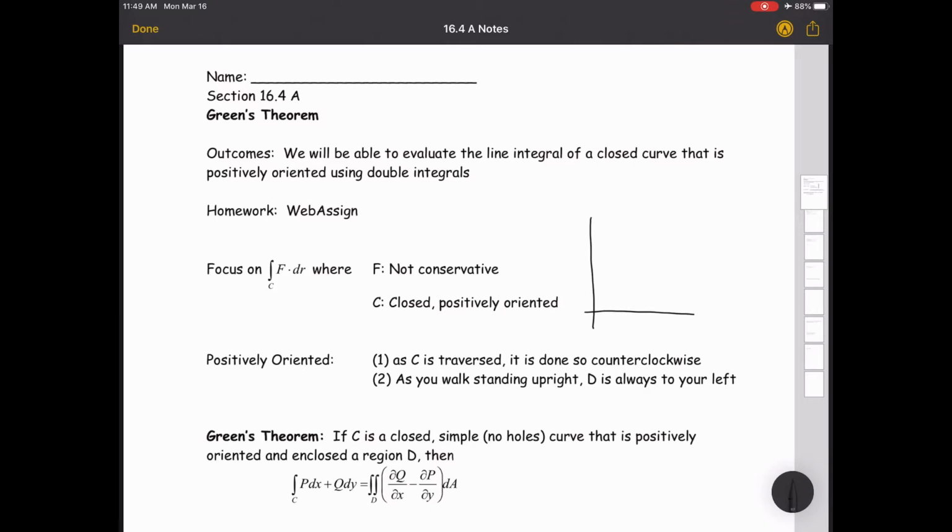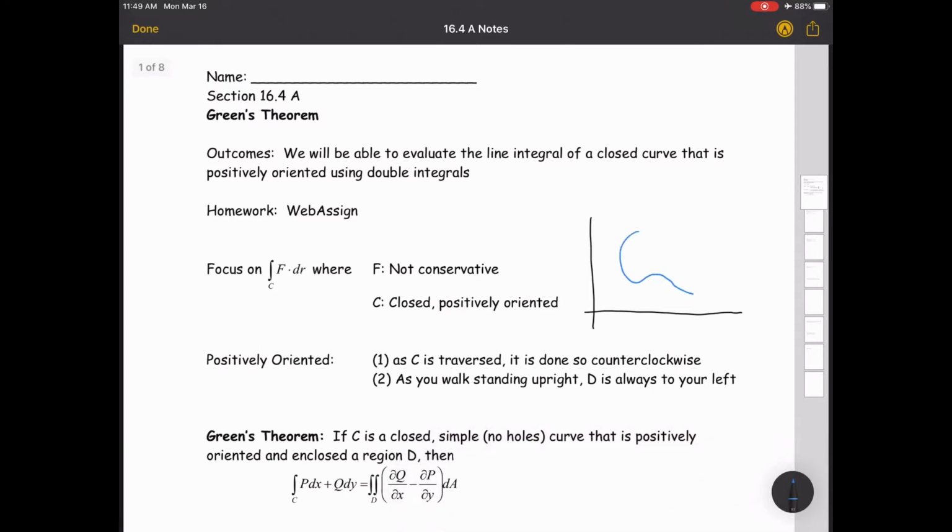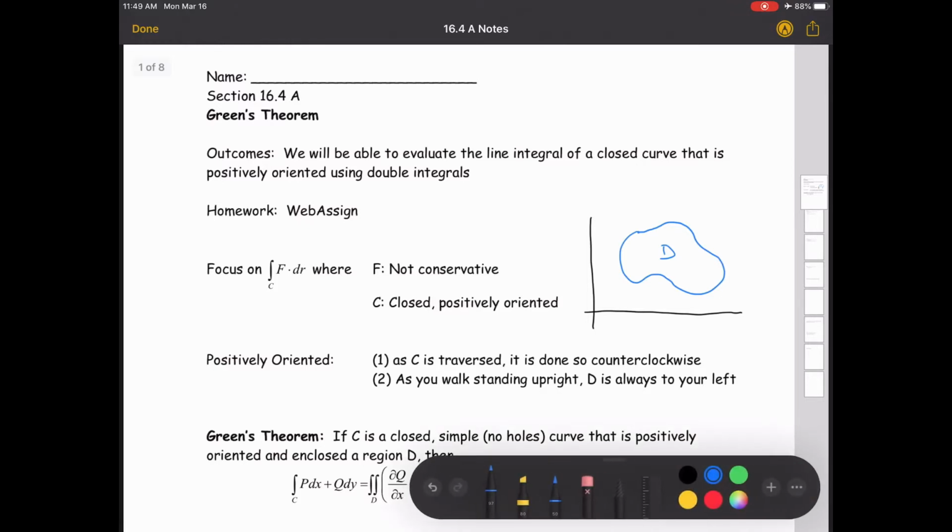So if we've got our curve, whatever our curve looks like, maybe it's something like this, but remember that it has to be closed, so we'll end it right there. Within here is your domain. Now to be positively oriented, basically what that means is that if you're on C, it has to be done counterclockwise.